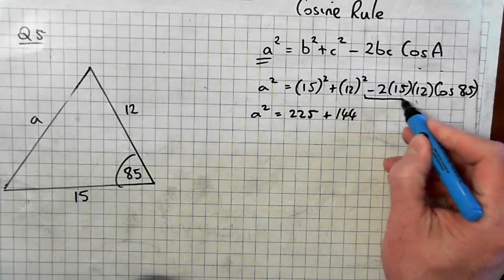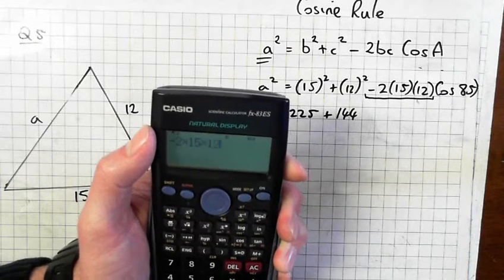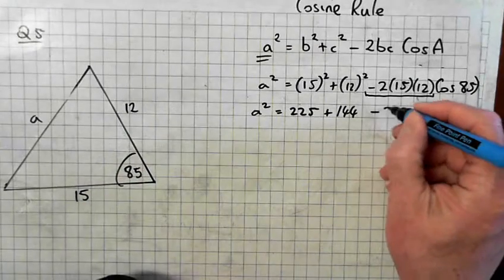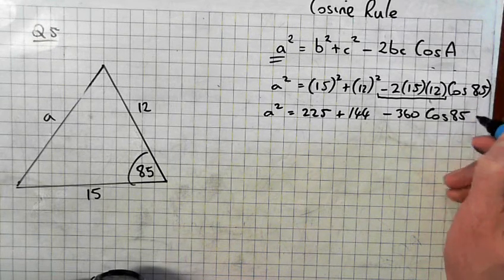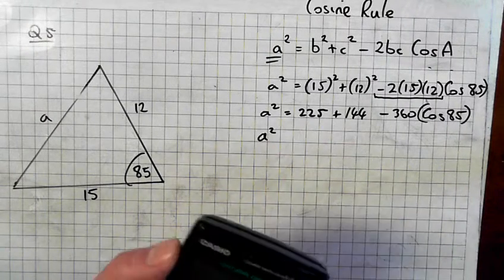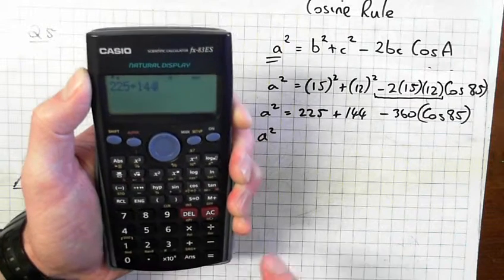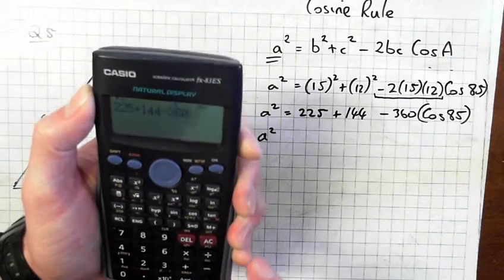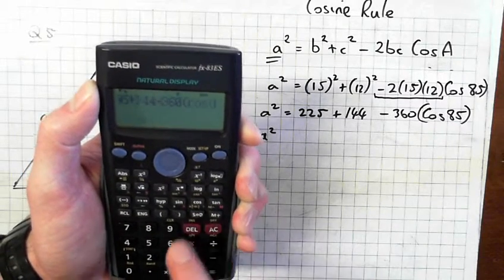Multiply this bit: minus 2 times 15 times 12, so minus 360 cos of 85 degrees. Key all that in again: 225 plus 144 minus 360 brackets cos 85.